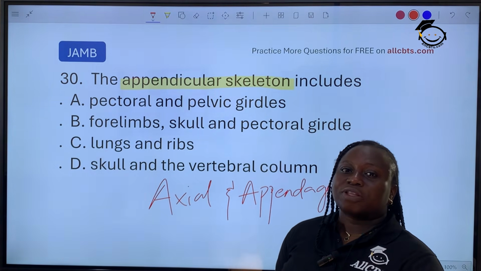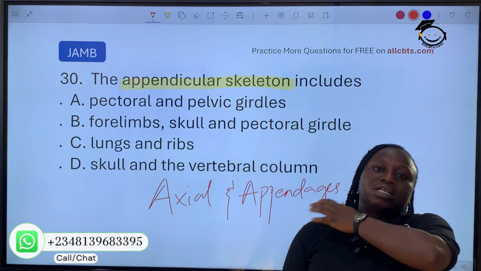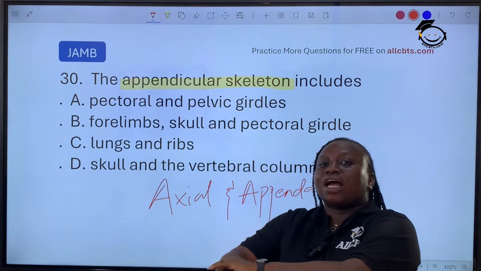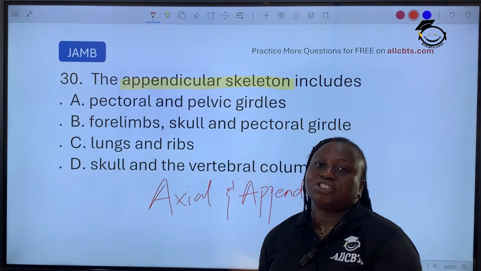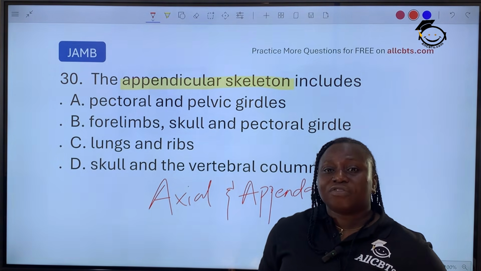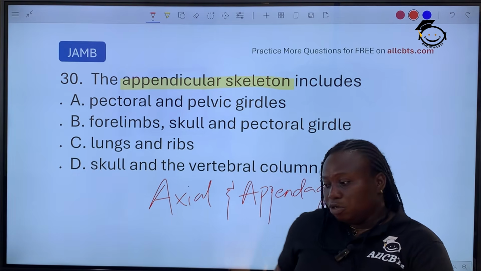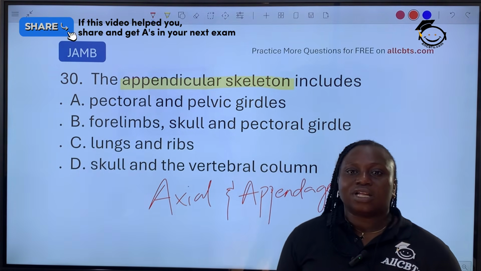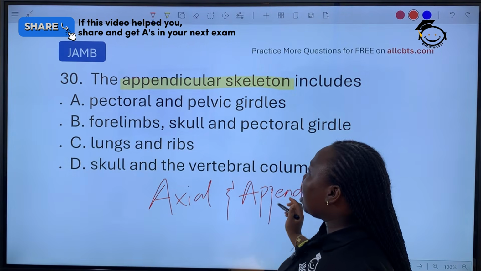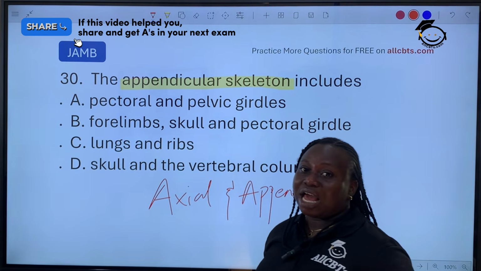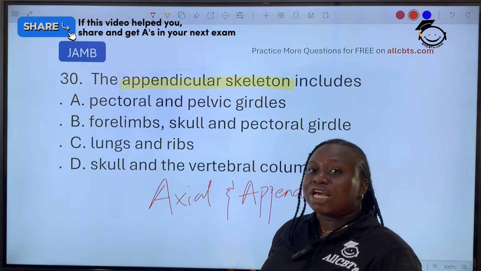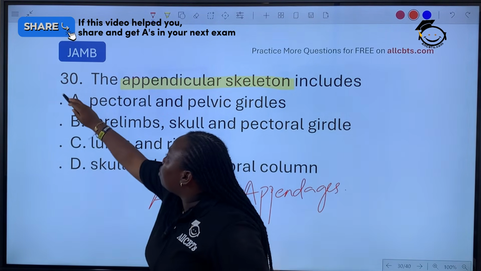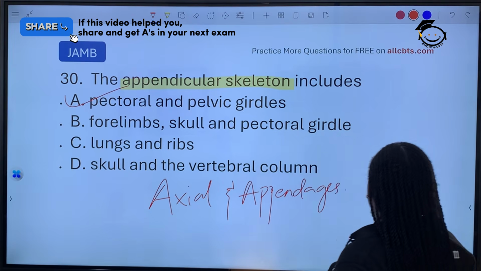The pectoral girdle is made up of the scapula, the humerus, the ulna, the radius, the phalanges. And for the pelvic girdle, we can say the femur, the tibia, the fibula, and others. Now they're asking us for the appendage. Don't forget that appendage is what is connected, which are the pectoral and the pelvic. So our answer is option A.